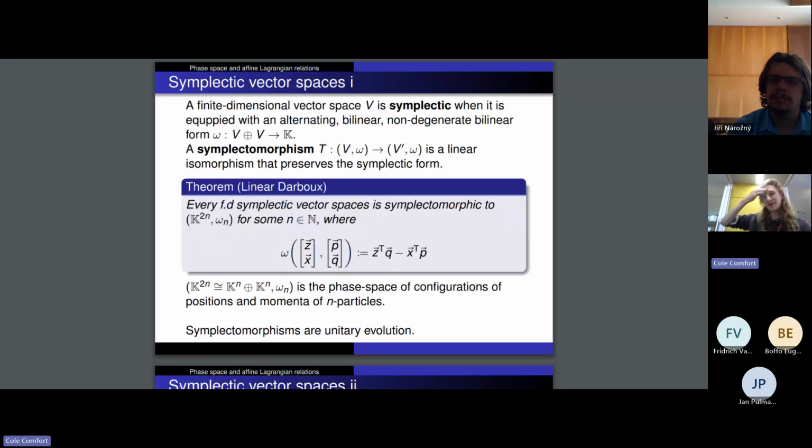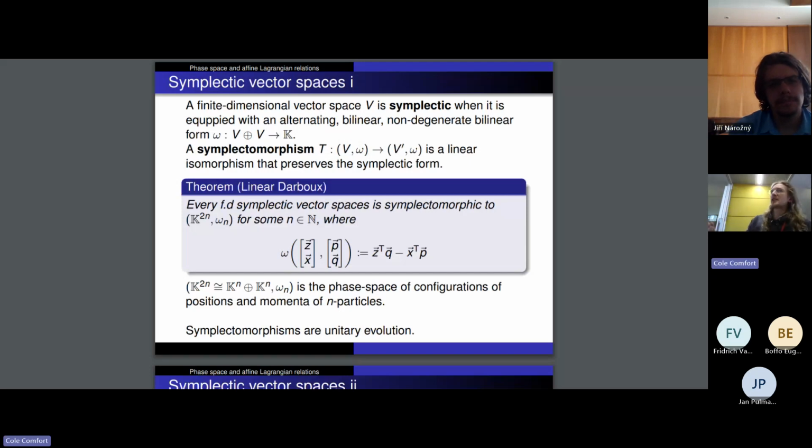Okay, so the mathematical foundation for phase space is symplectic algebra or symplectic geometry, but I'm not going to be concerned with nonlinear stuff, or at least non-affine stuff, because it's too complicated to give pictures for. So I'm going to just give a brief review of symplectic, linear, and affine algebra.